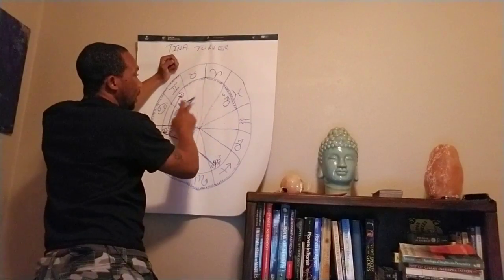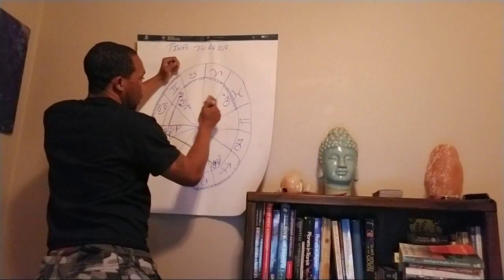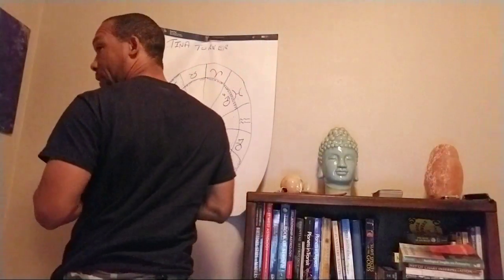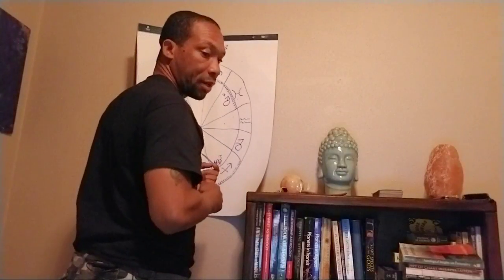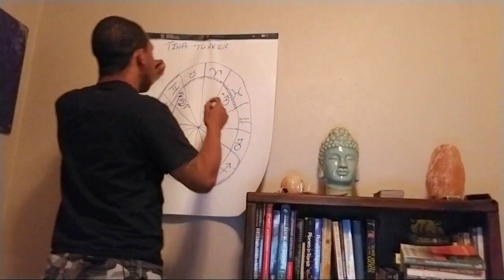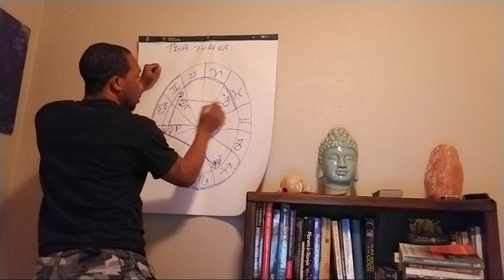And that makes it a square. So she has a red line coming from that, which I don't have anything to draw with, red. No, I don't. So she has it square to her moon.